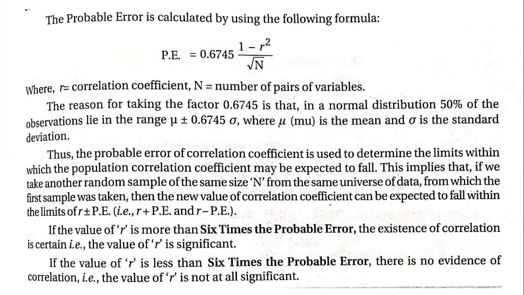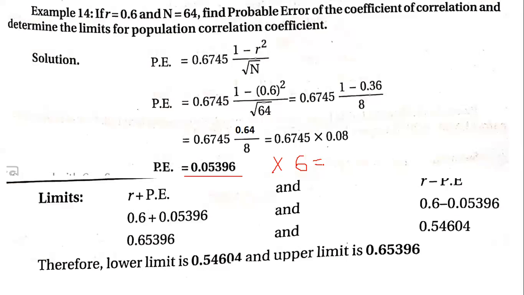Okay, more than 6 times of PE means let us multiply this PE into 6. Let us see what is the value we get. Calculate and say me the value. 0.05396 into 6. How much do I get here? 0.05396 multiplied by 6.